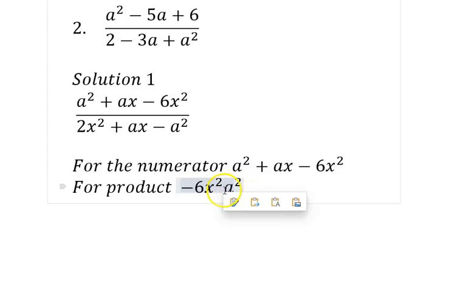Or for alphabetical sake, you can just say 6a squared x squared, it is still the same thing. You are still correct. It's just multiplying what you have on the extreme left and what you have on the extreme right. So that will be your product, minus 6a squared x squared.